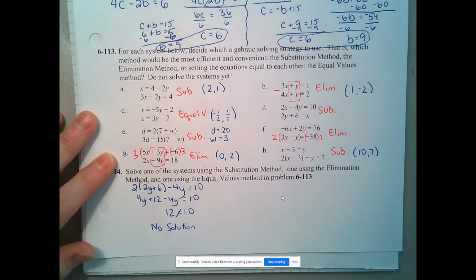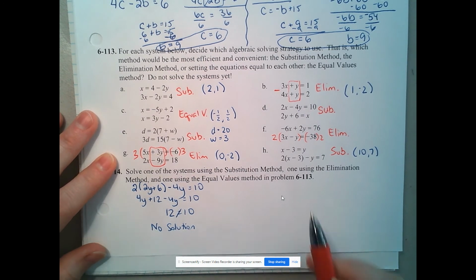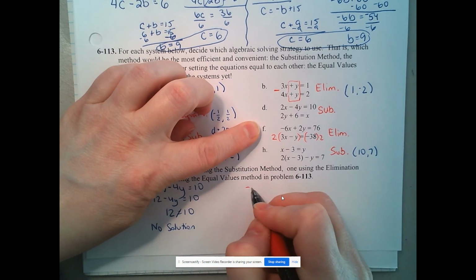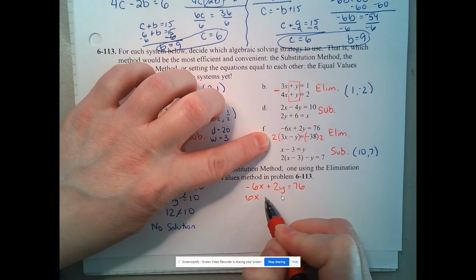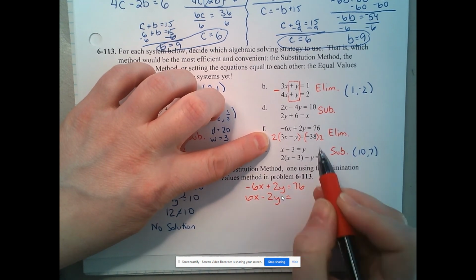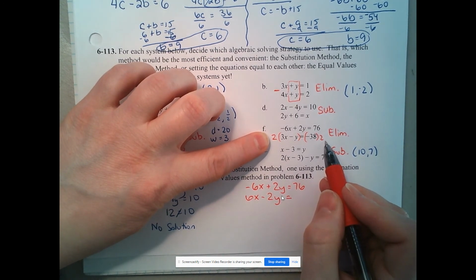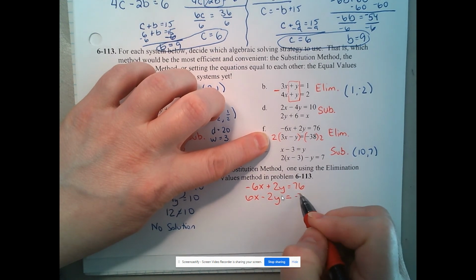Nope, you didn't. The other one was F, and I have negative 6x plus 2y equals 76. If I multiply the second equation, 6x minus 2y equals, and the negative 38 times 2 would be negative 76.